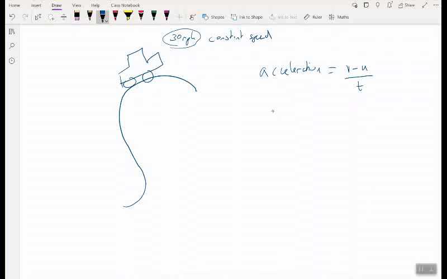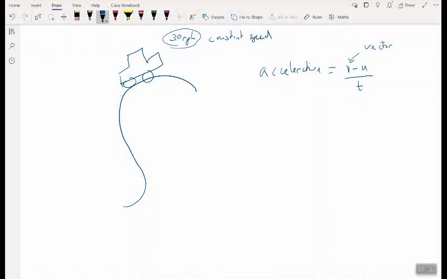But remember, velocity is a vector. It's the vector version of speed, so it has a magnitude and a direction. Therefore, if it's changing direction, it is changing velocity. It does not matter that the magnitude is the same. It has changed velocity, and therefore it is accelerating.